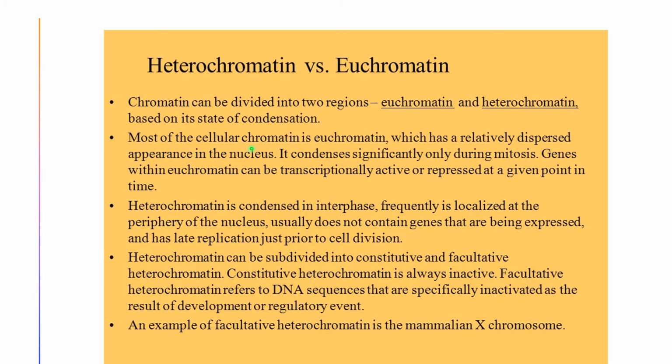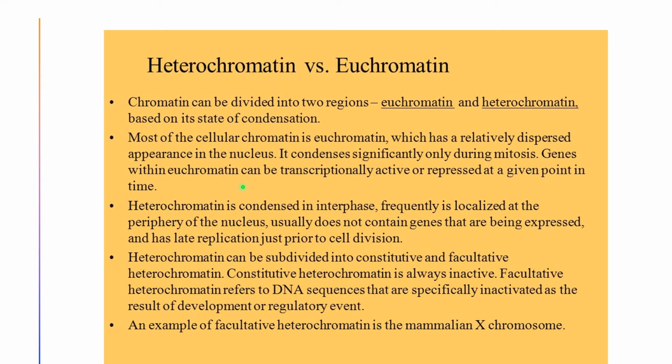Most of the cellular chromatin is euchromatin, which has a relatively dispersed appearance in the nucleus. They are dispersed, not present in one particular place. They are scattered, you can call it. It condenses significantly only during mitosis.